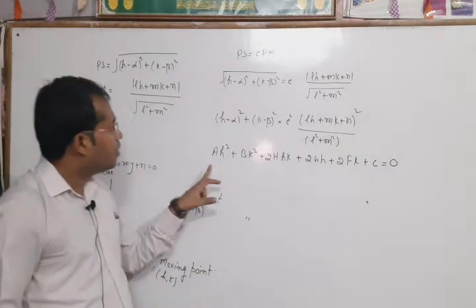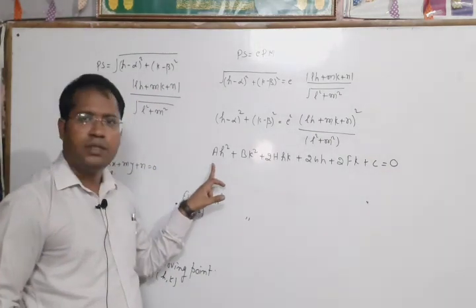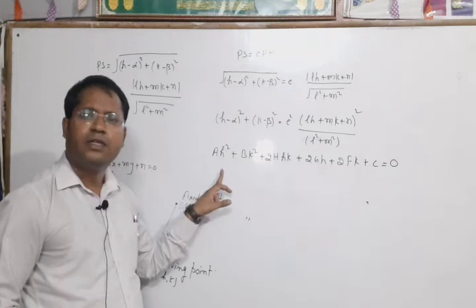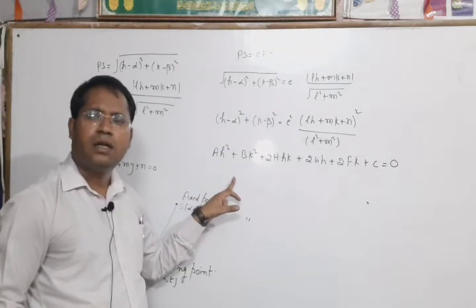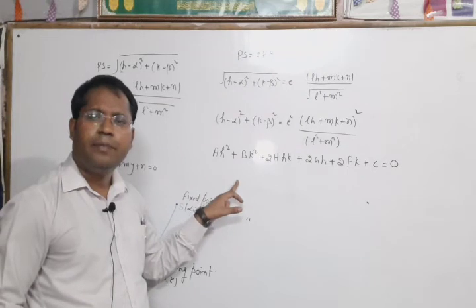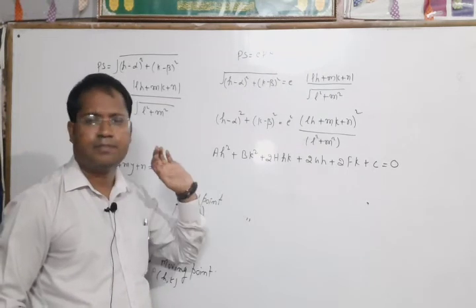Here we get a second degree equation. It means the second degree equation represents a parabola, hyperbola, ellipse, circle or pair of straight lines.